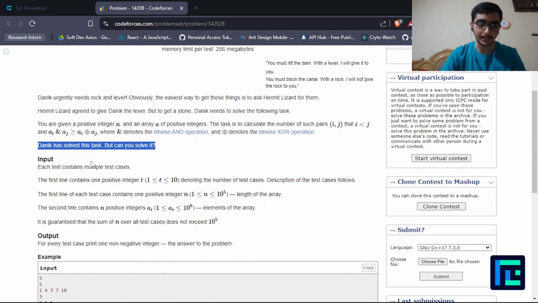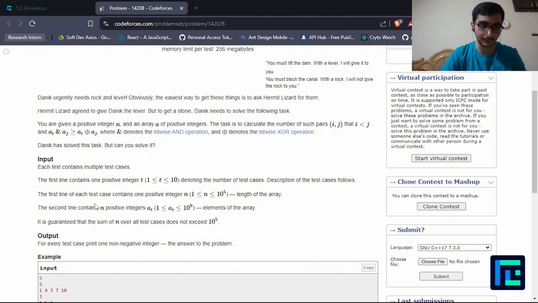So the input format and the constraints are as follows. The first line of each test file contains a single integer t denoting the number of test cases, and t can go up to 10. Then the first line of each test case contains one positive integer n that can go up to 10^5, representing the length of the array.